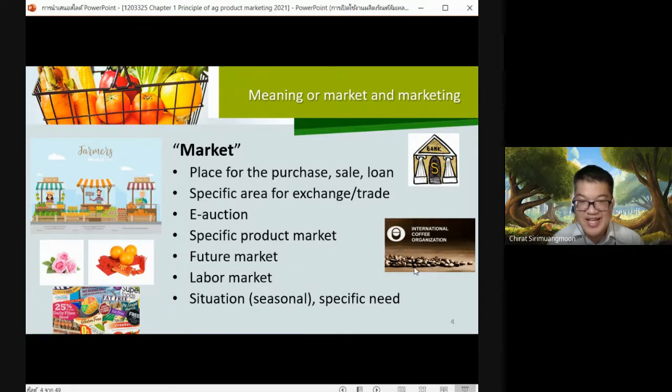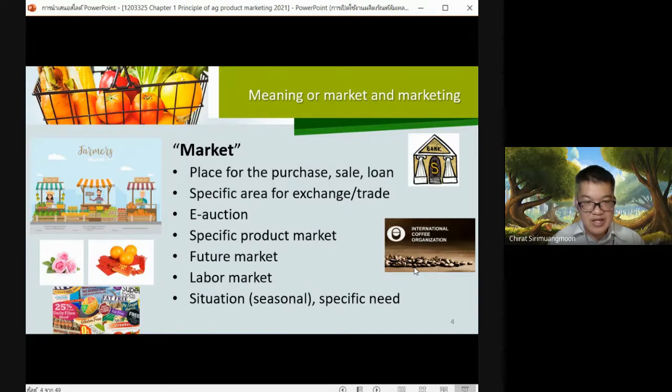So in this case, it's not like a real market, but this can be called a market as well. Or if you buy something online or use e-auction or bidding, that is a type of market as well. Or you have specific product markets like the coffee market, the tea market, as I mentioned.